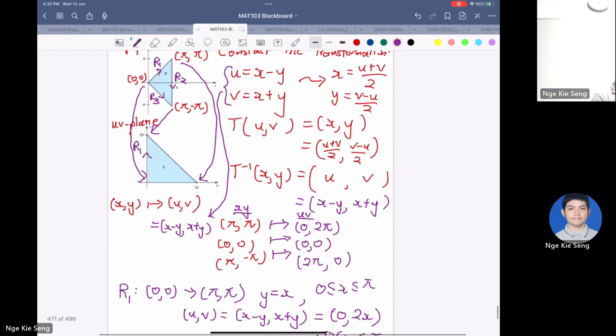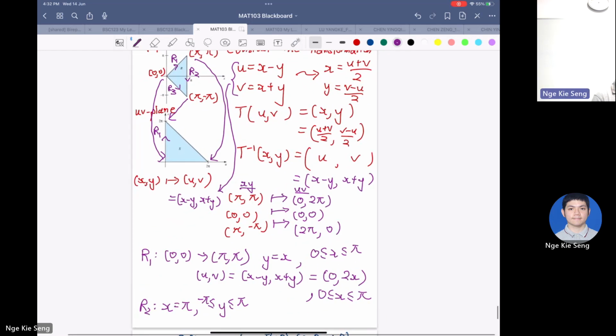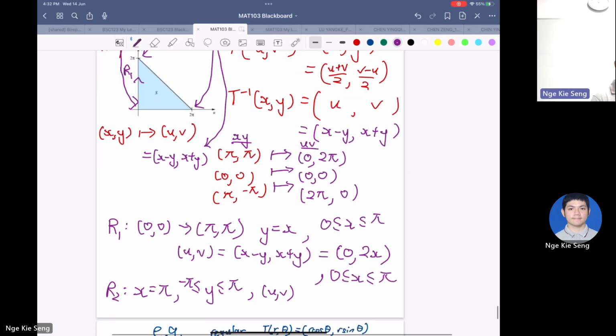So what happened to your UV here? Your UV is x minus y, x plus y. Your x in this case is all pi, so we get pi minus y, pi plus y.